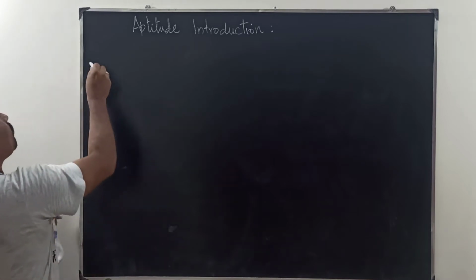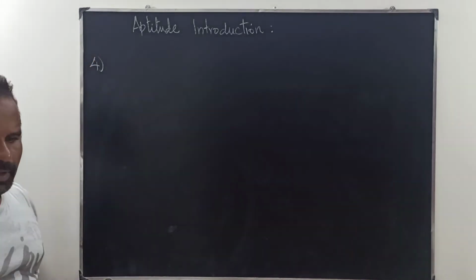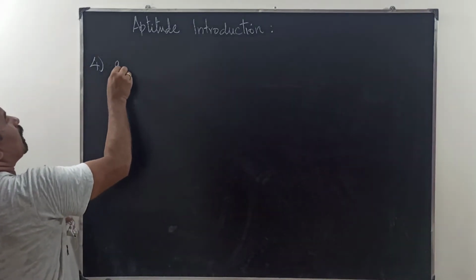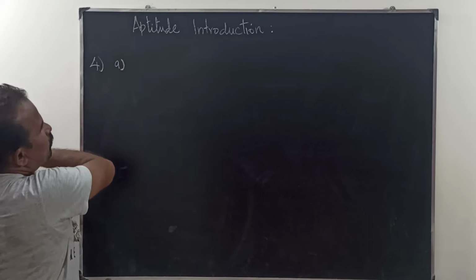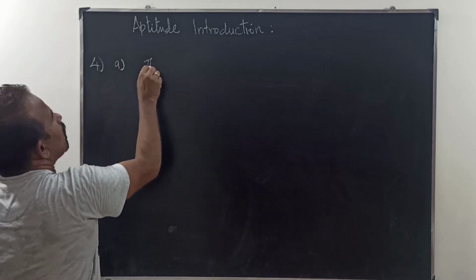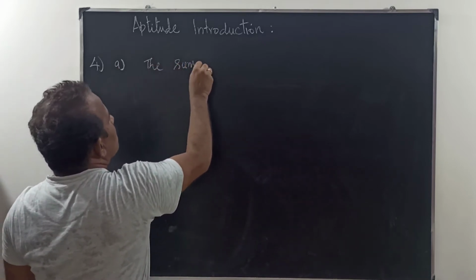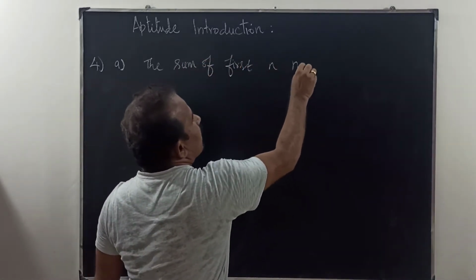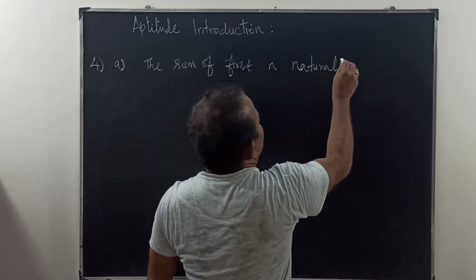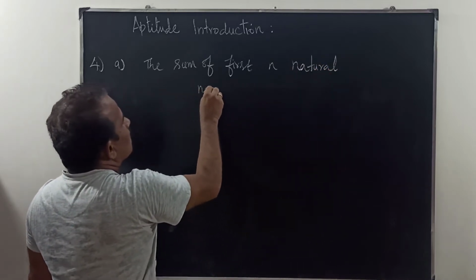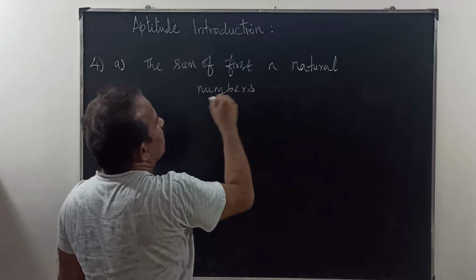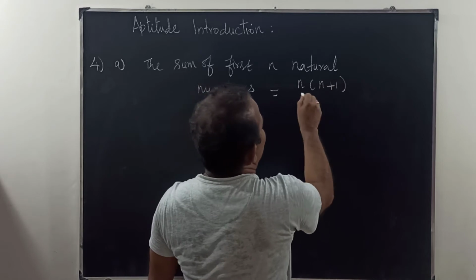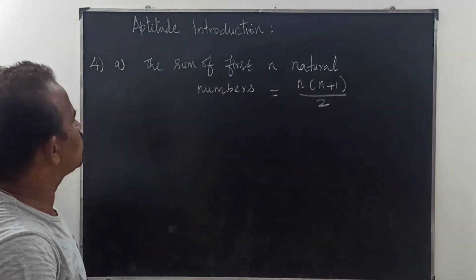Okay. So then the fourth one is the numbers. Subdivision A, the sum of first n natural numbers, which is equal to n into (n plus 1) by 2.